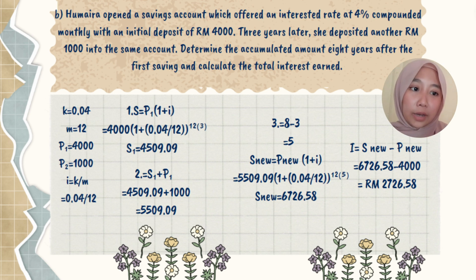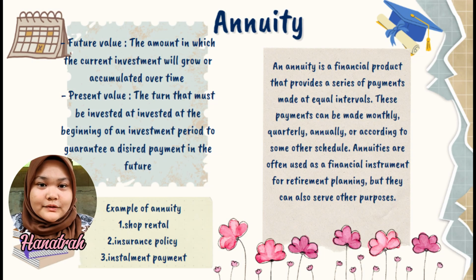Last step, to find total interest, we use the formula S new minus P. For S new, 6726.58 minus 4000. So the total interest equals RM2,726.58.